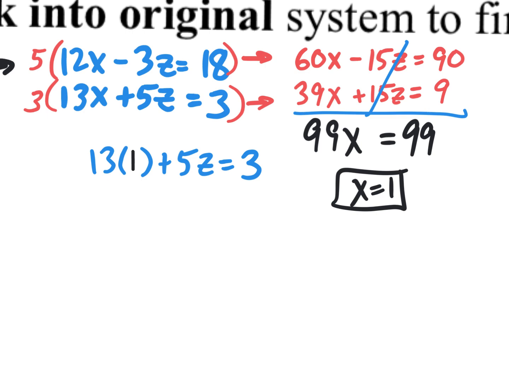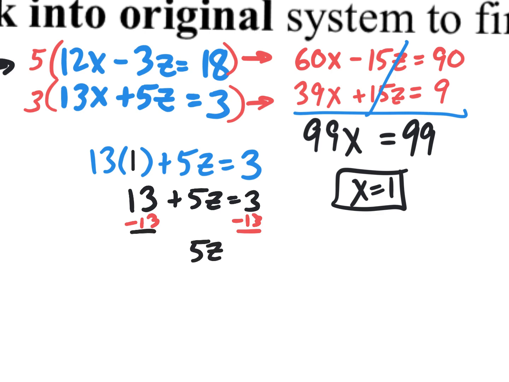Let's do the math. 13 times 1 is 13 plus 5z equals 3. Let's just solve for z now. Subtract 13, subtract 13. We will end up with 5z equaling negative 10. Last step here would be to divide by 5, giving us a final answer, z equals negative 2.